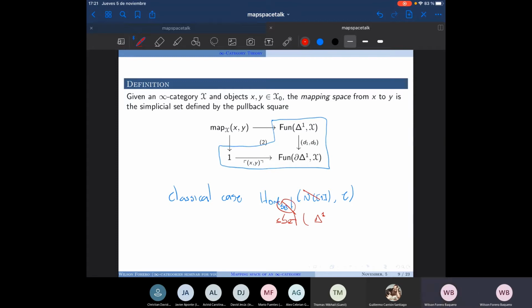So we take the pullback of this diagram, and that gives a simplicial set. At this point, we only know that this is a simplicial set. Why? Because each of the elements of the diagram lives in simplicial sets. I know they are infinity categories, but we take the pullback inside the category of simplicial sets.